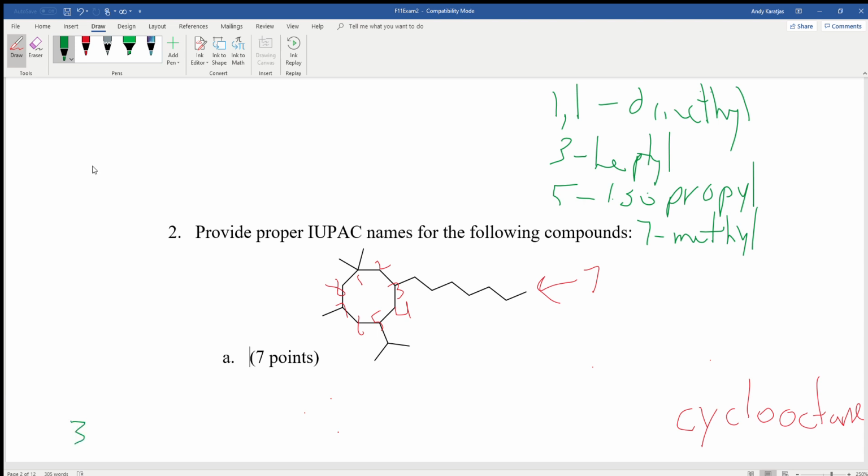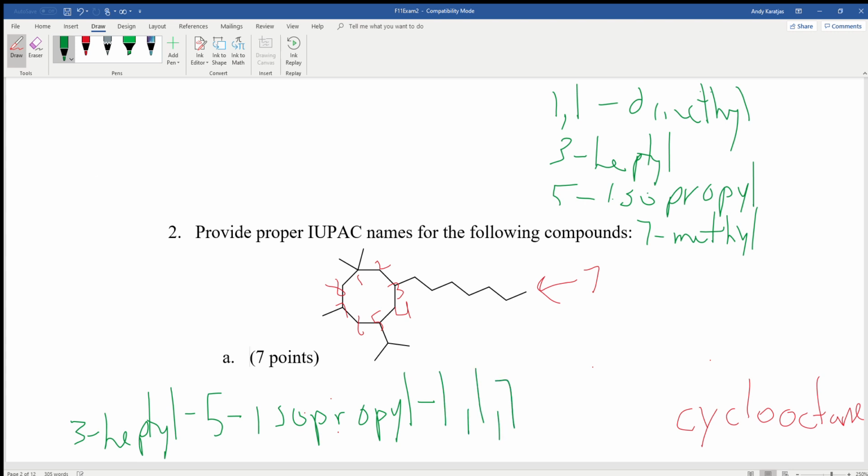So heptyl will come first. 3 heptyl. Now, remember with isopropyl, iso is not a numerical prefix, so that gets alphabetized under I. 5 isopropyl. And then the 3 methyls get combined for 1,1,7 trimethyl.